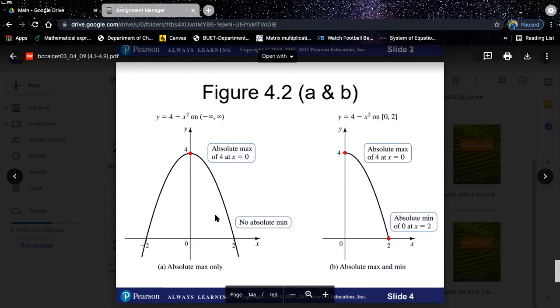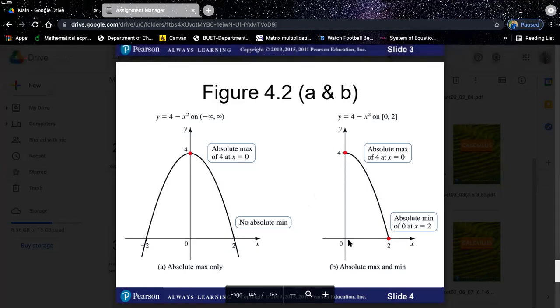If we precisely change its domain, if we give you a particular domain to work with, then you might have a minimum value. You never know. Let's look at this graph. For this one, from 0 to 2, if the domain is from 0 to 2, that means we are only considering the values of x from 0 to 2.